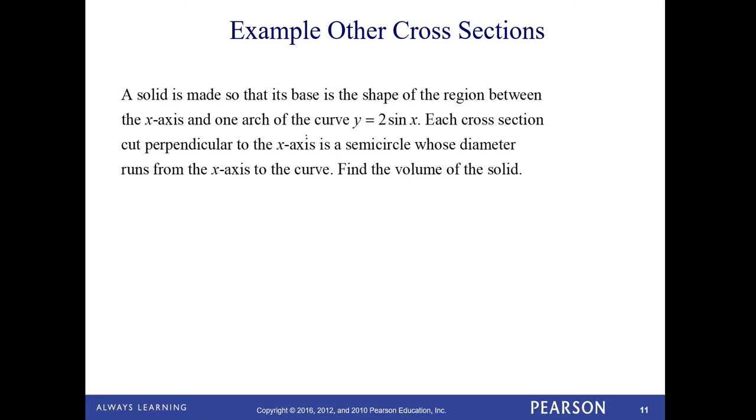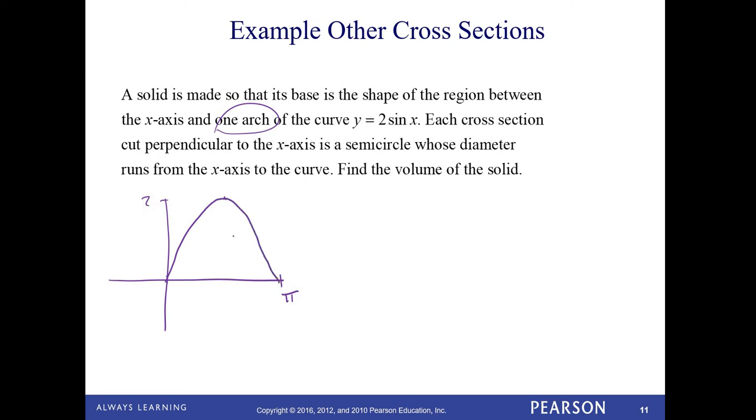A solid is made so that its base is the shape of the region between the x-axis and one arch of the curve y equals 2 sine x. Well, y equals sine x goes from 0 to pi, so I'm just doing one arch. My amplitude is 2, so there's my sine function.